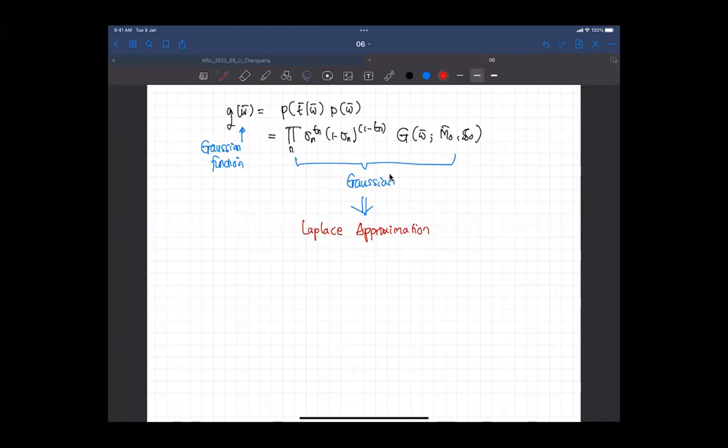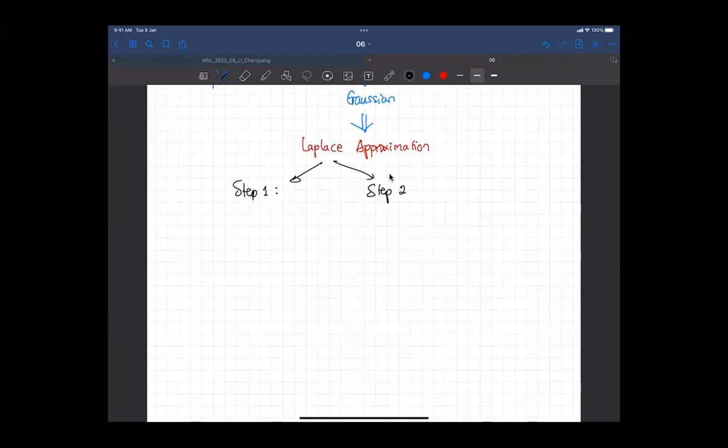In Laplace approximation, there are two steps. Step 1 is to find, if this is your true signal, your multiplication between the likelihood and the prior, then the basic idea is to find the mode of this function, the blue function.